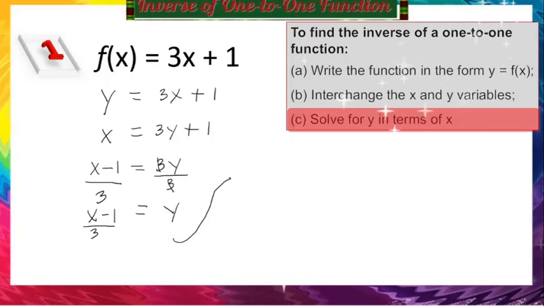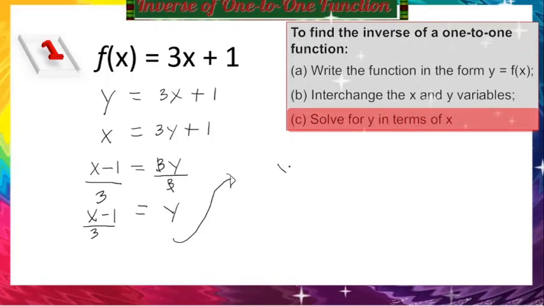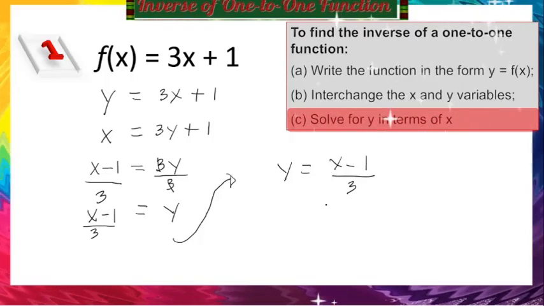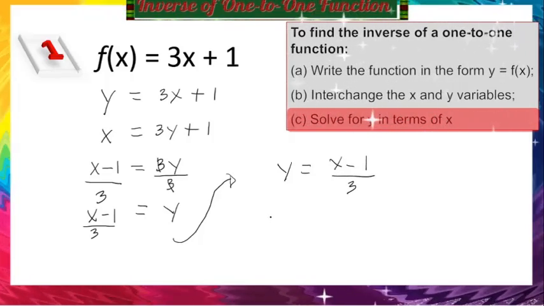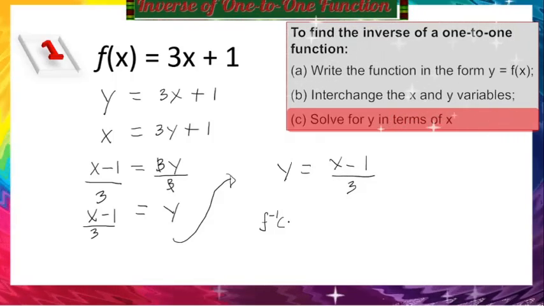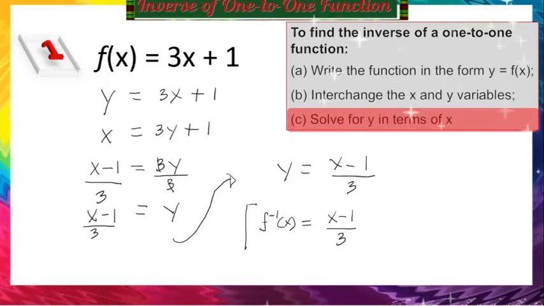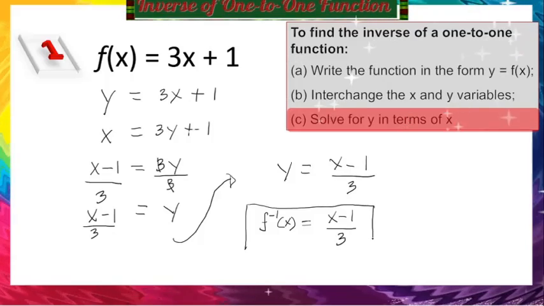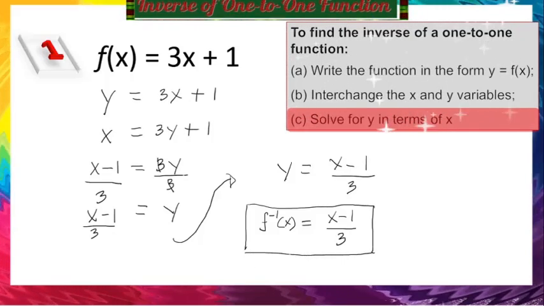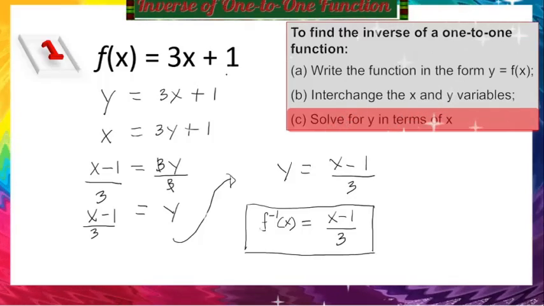So your final answer is y equals x minus 1 over 3, or it can be written as its inverse, f inverse of x equals x minus 1 over 3. So this is now the inverse of the given function f of x equals 3x plus 1.